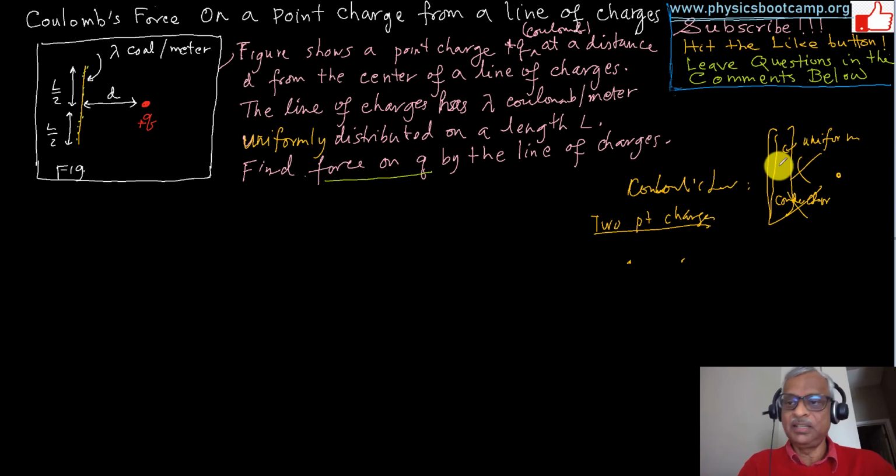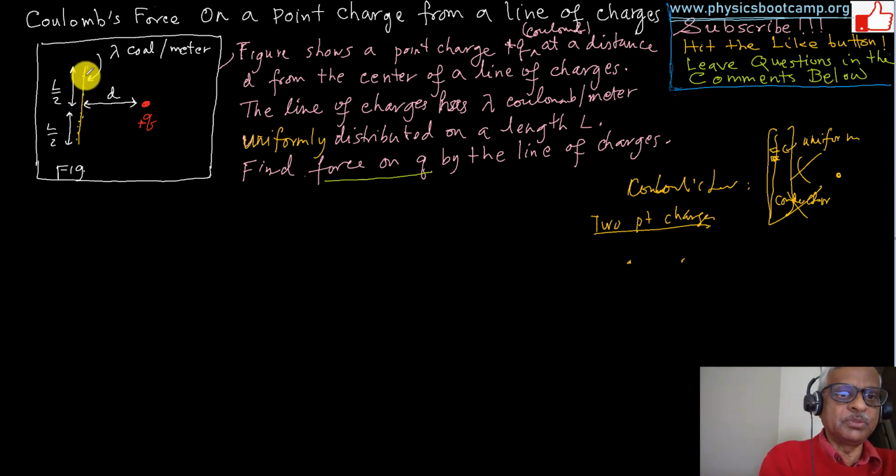Which means when we set up the problem, I need to convert this into point charges. So we'll divide this up into little pieces, maybe n equal pieces, and look at one of those pieces and say how much force will this apply on that charge, and then we try to sum up the contributions from all of these.